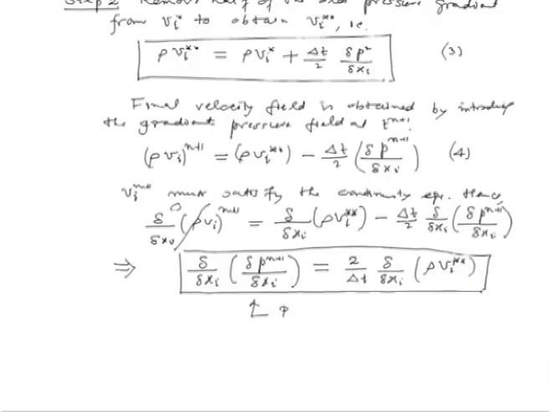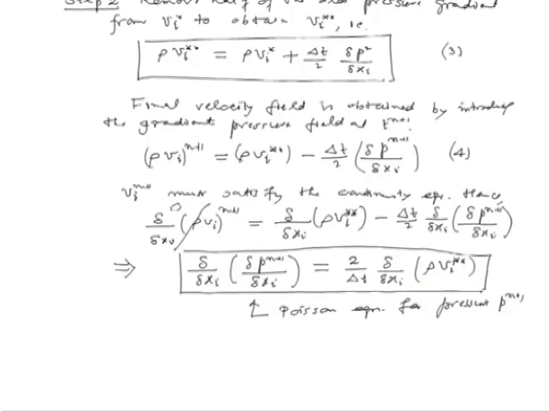So, this is the Poisson equation for pressure at the time level n plus 1, or rather P^(n+1). So, now we have got all the equations with us.